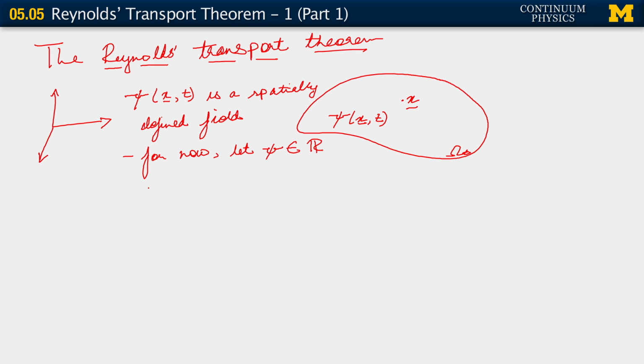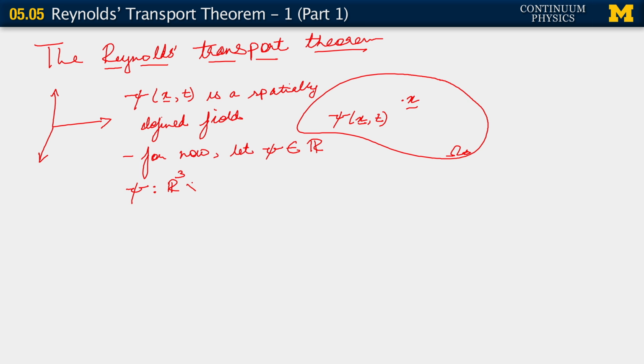Okay, so formally what we're talking about is that psi, because the arguments are spatial position and time, is a map from R3, which is the space in which the spatial position lives, because the spatial position is a vector, right?